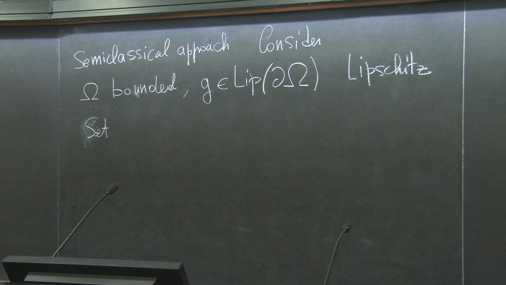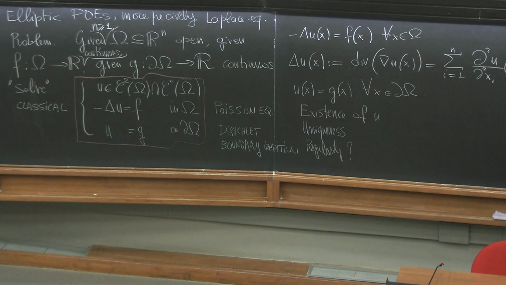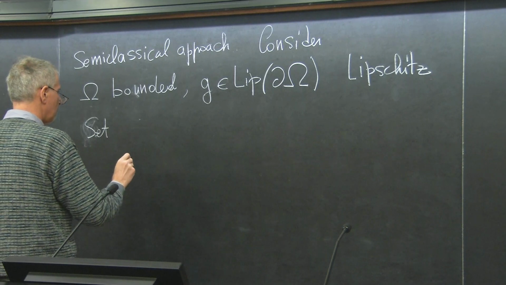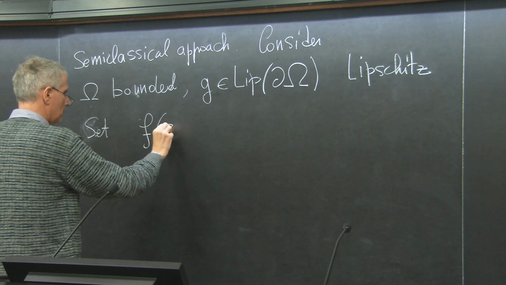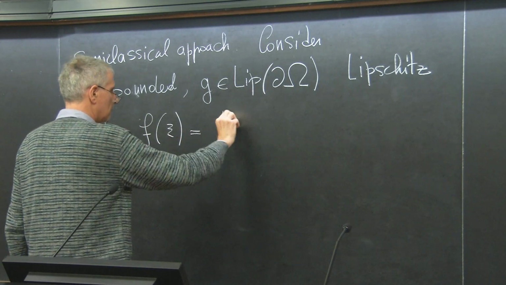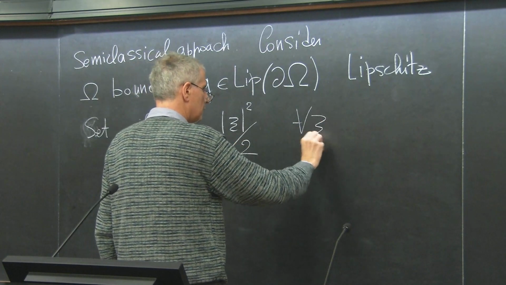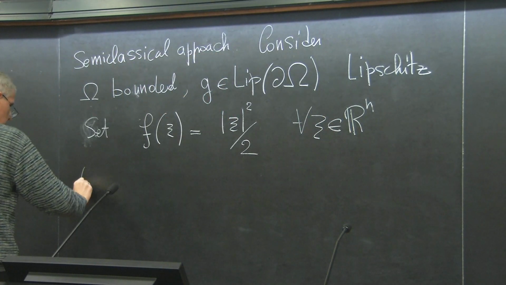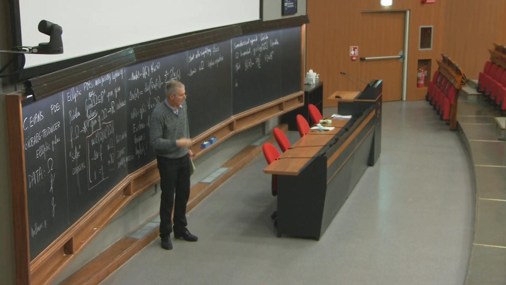Sorry, from now on this f is equal to 0, so there is no f here. I am used to using f for another function, so maybe I should not call it f. Define f of psi equal psi squared over 2 for any psi in Rn. This f is a slightly different symbol that I want to distinguish. There is nothing to do with the f here. It's another f.